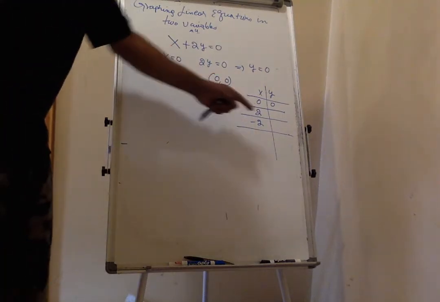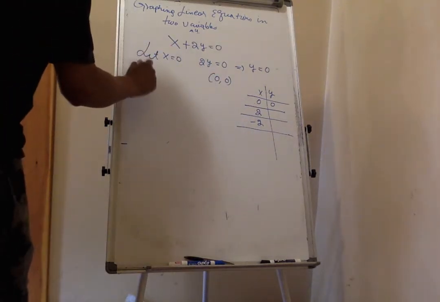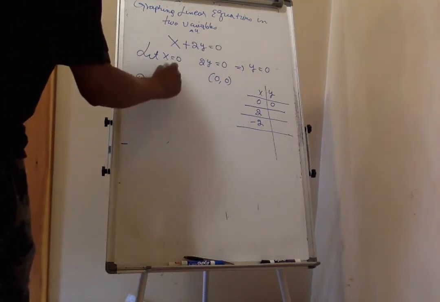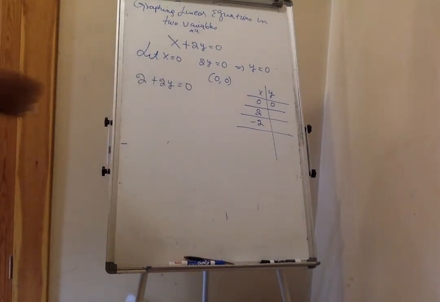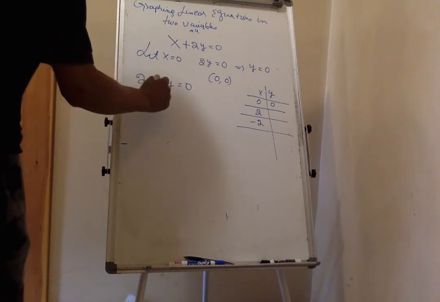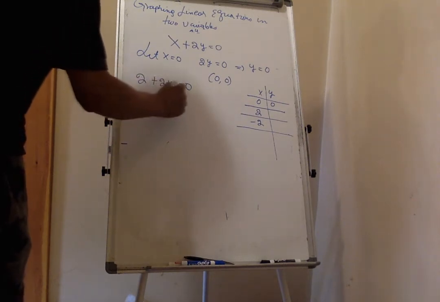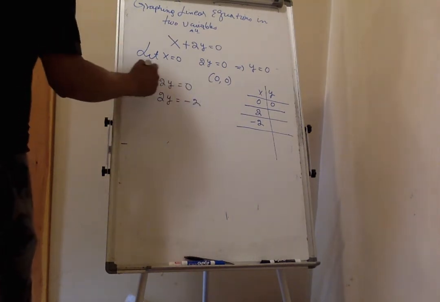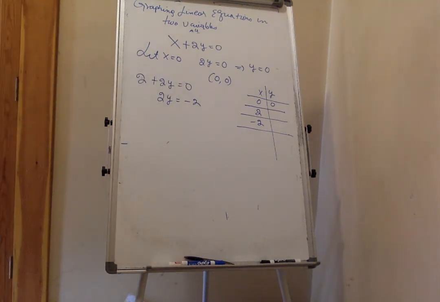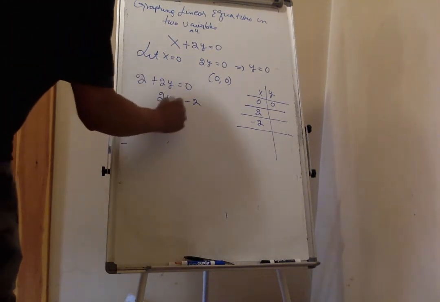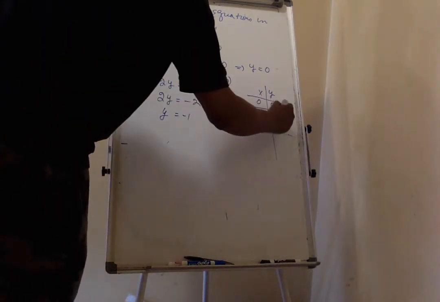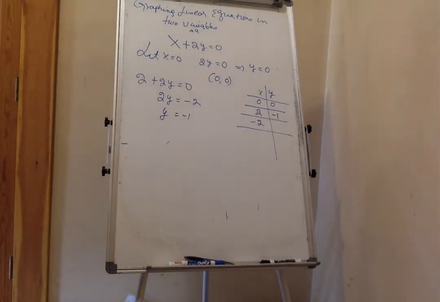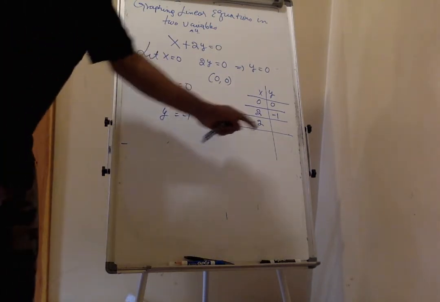So if x is 2, you're going to write 2 plus 2y is equal to 0. And if 2 plus 2y is equal to 0, then 2y is equal to negative 2 because you are moving 2 to the other side, and your value of y becomes negative 1. So when x is 2, y is negative 1. What happens when x is negative 2?